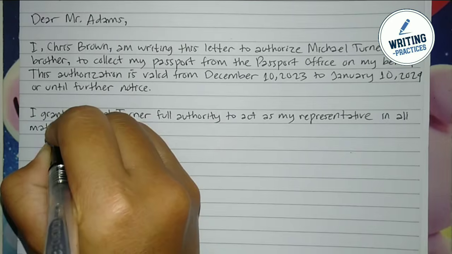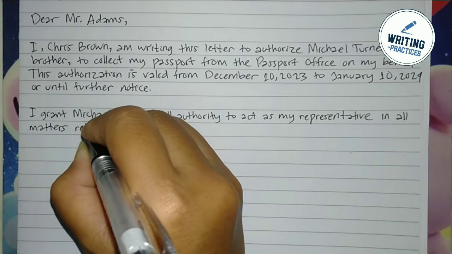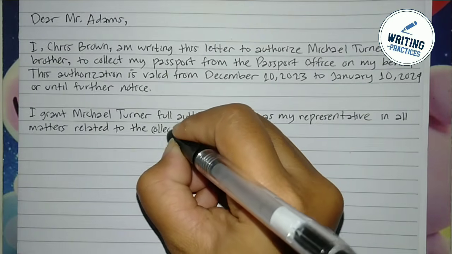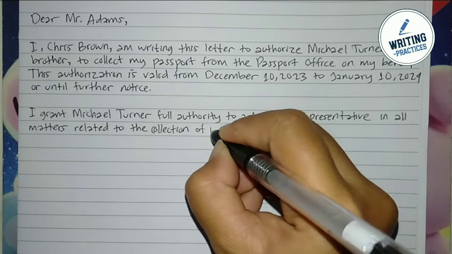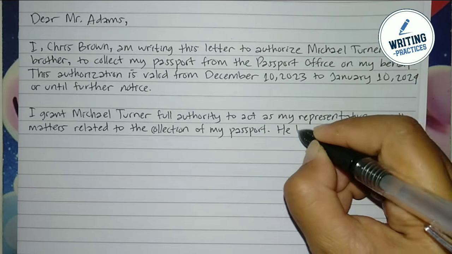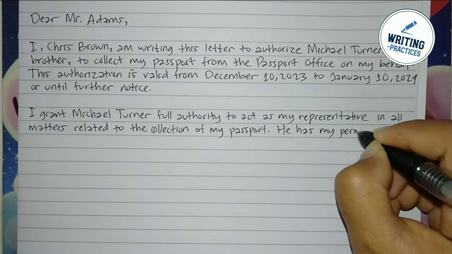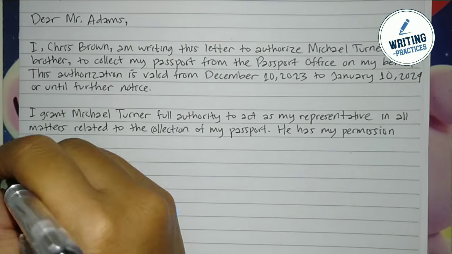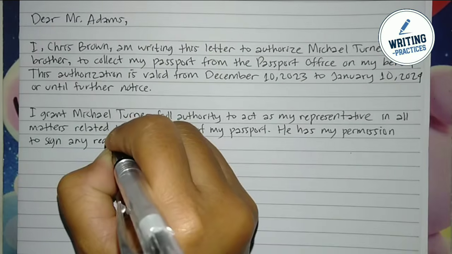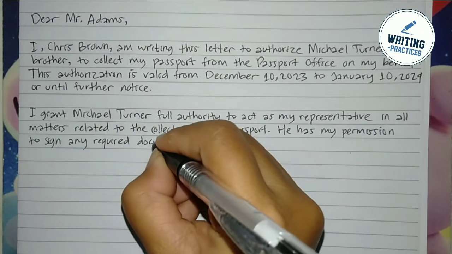So the authorization here is only specific to the writer's passport. And then, write the details of the authorization. Like what the person you give authorization can do on behalf of yourself. For example, the writer gives permission to sign documents, identification, and even take the passport. Yes, mention them all in detail.